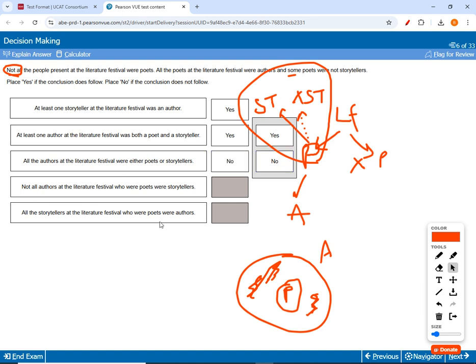Okay, got it. Not all authors who were poets were storytellers. Of course, yes. Looking at this circle of authors who were poets, it includes people at the literature festival who were poets and authors. Agreed?